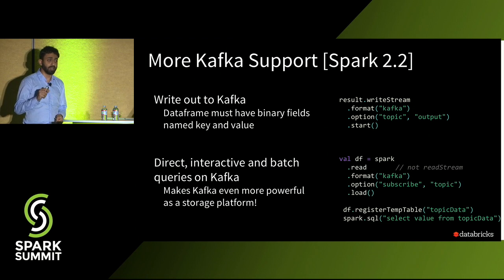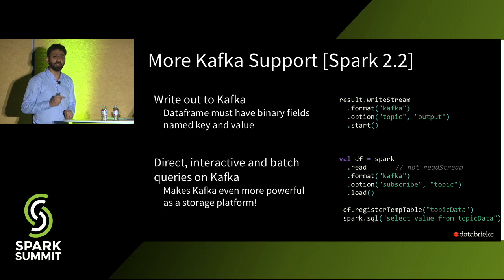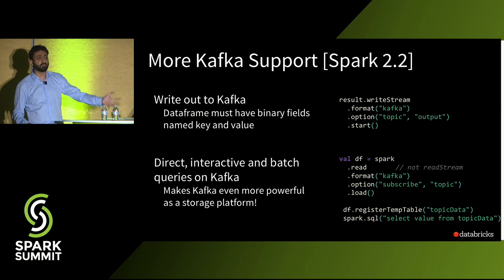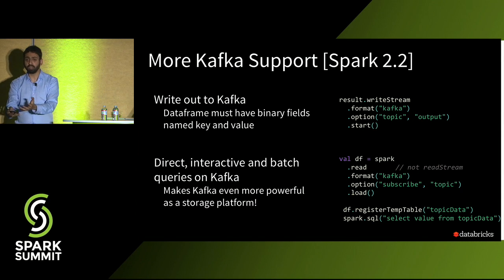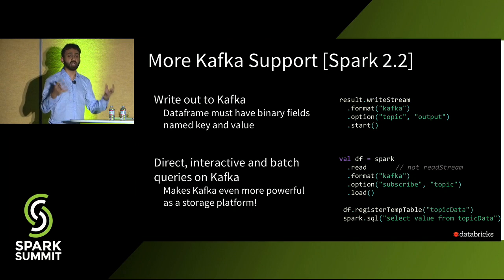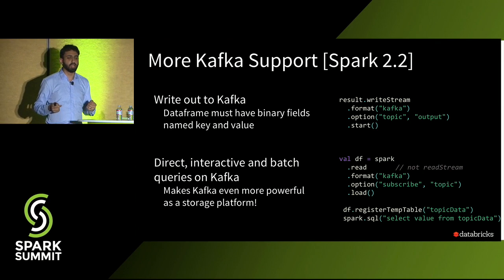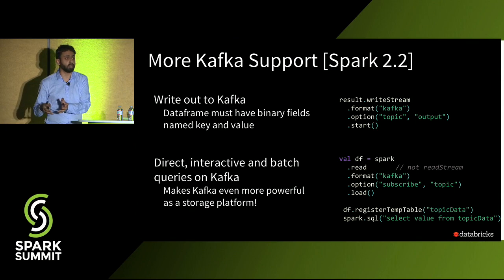You can also, and this is where it gets really fun, directly run batch queries and interactive queries on Kafka, which means you don't even need an intermediate file system. You can use Kafka as a complete file system. In cases where your streaming application was down for 6 hours, you need to backfill the data in the middle because you don't want holes in your Parquet files.